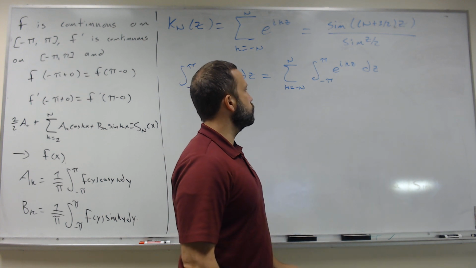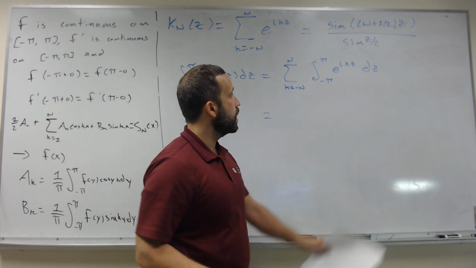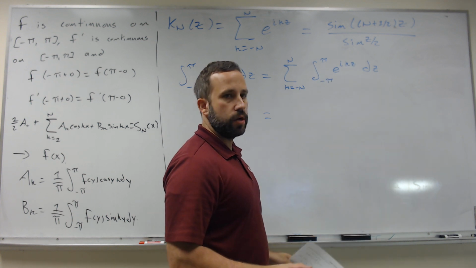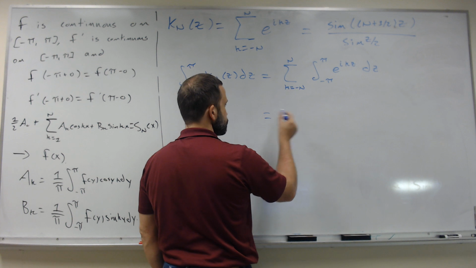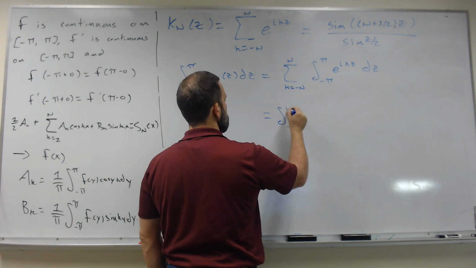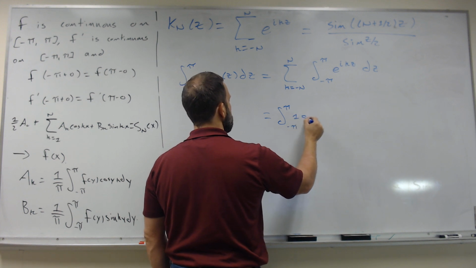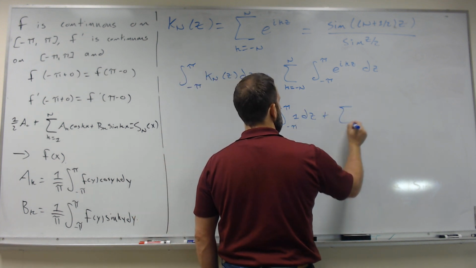What is the antiderivative of this? I have to split it up into two cases. If k is equal to 0, this is just equal to 1. So I'm going to have the integral from minus pi to pi of 1 dz plus everything else, which I can write in this way.